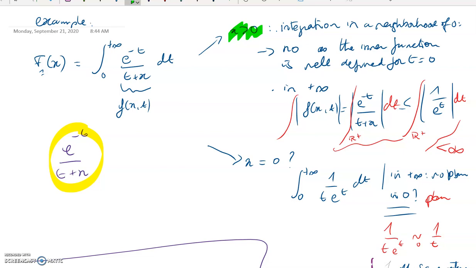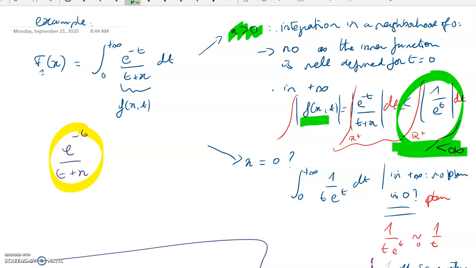And the justification in the end for that is that I could find a function that didn't depend on x, that depended only on t, with which I could bound my initial f of xt. I bounded this f of xt by a function which happened to be integrable.